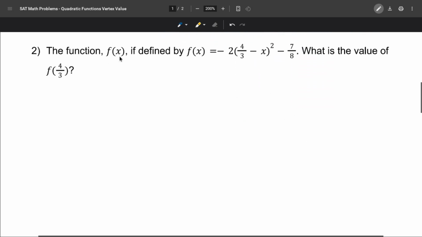All right, so problem 2. The function f of x is defined by f of x equals -2 times (4/3 minus x) squared, minus 7/8. What is the value of f of 4/3?